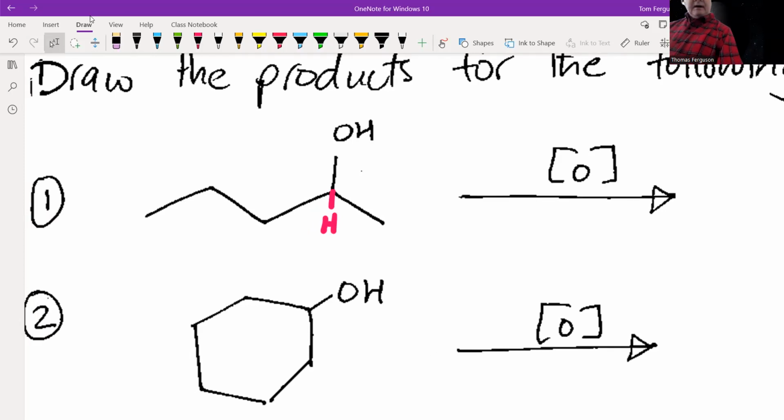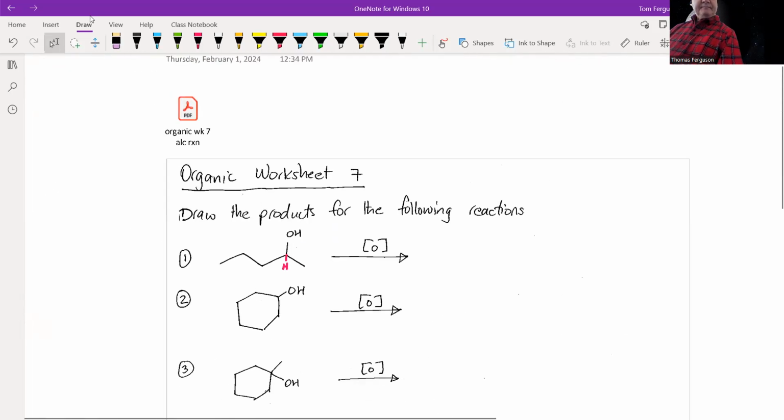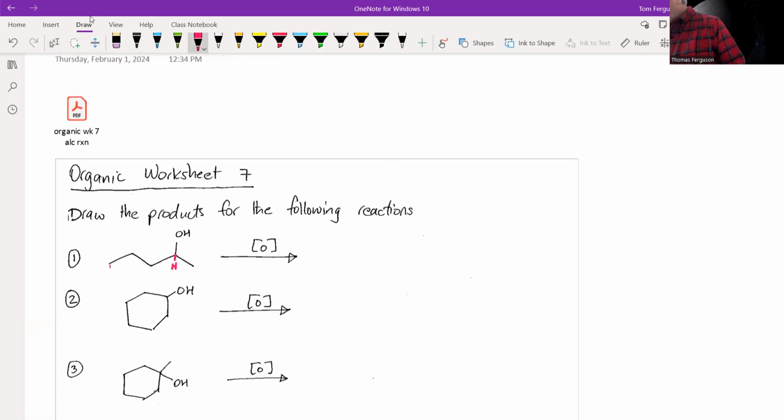Okay, so we've got to name this guy. And it's a 1, 2, 3, 4, 5. So it's a pentanol. On carbon number 2, counting from right to left. So when we oxidize a secondary alcohol, we end up with a ketone.